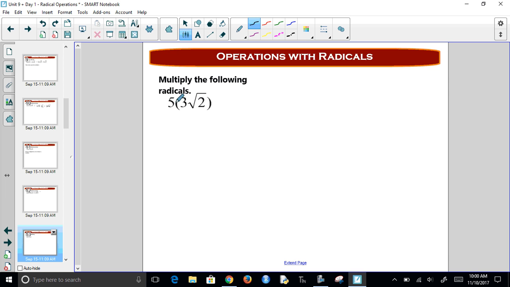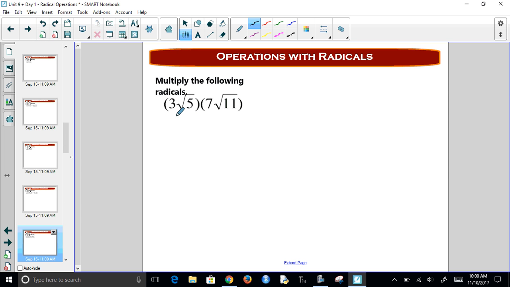Here, if this is like 5 times 3 times root 2, the two things we can multiply are the 5 and the 3. So it's just going to be 15, and the root 2 just stays by itself. There's nothing to multiply it with. So if we do this, just the 7 and the 3, so 8 root 21.